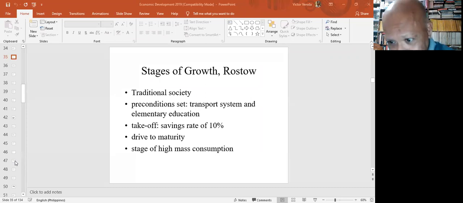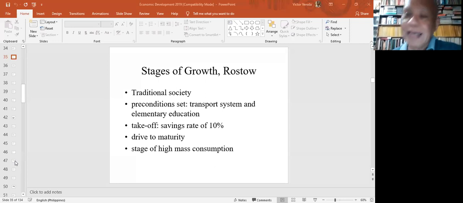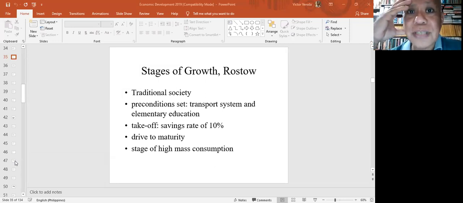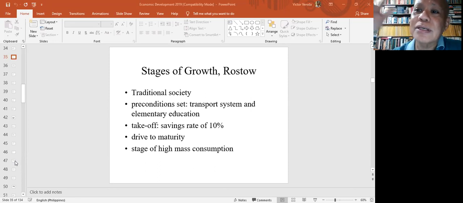The idea here is that these societies now earn such high levels of income that not only are they able to generate more and more savings, but in addition to the savings, the majority of the population is able to attain a high level of material abundance, a high level of consumption enjoyed by the mass of the population.